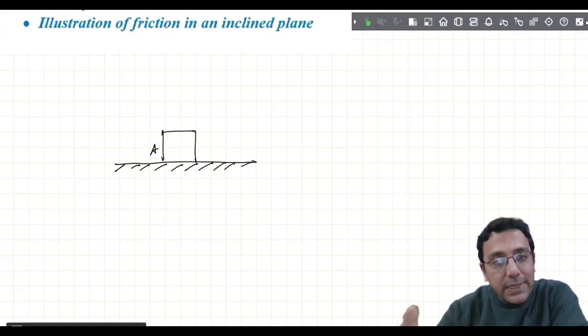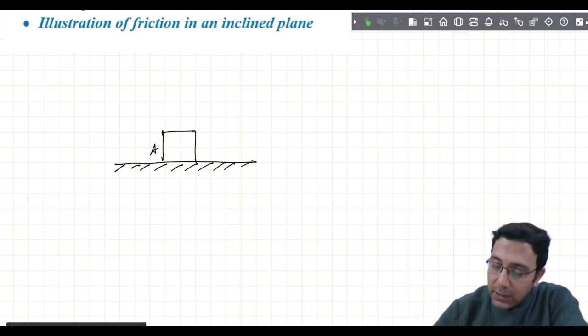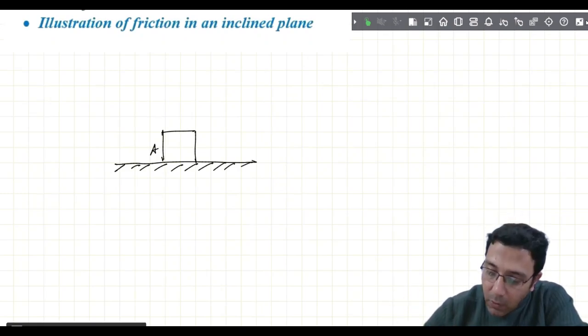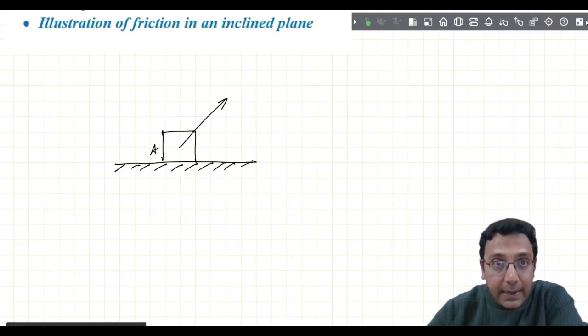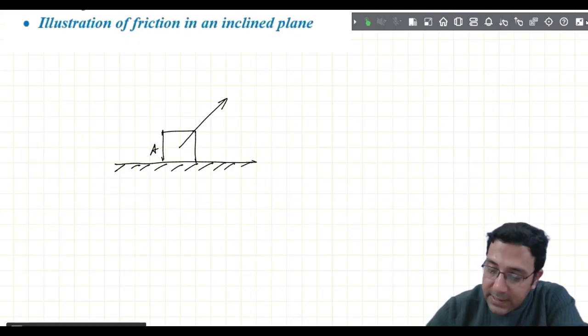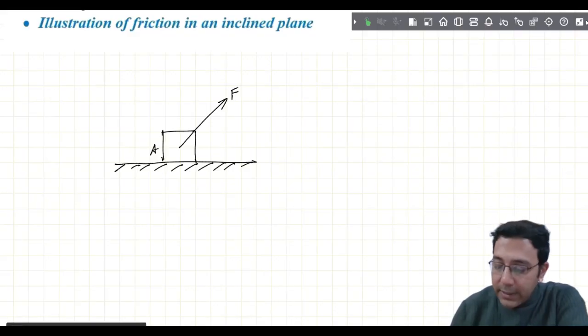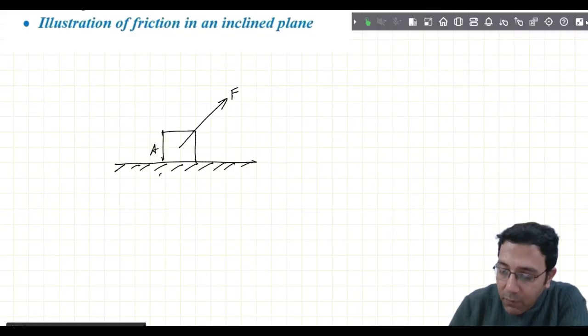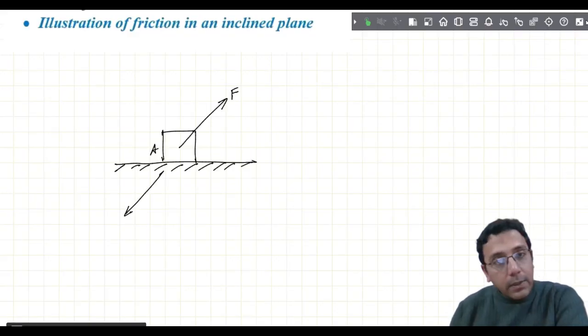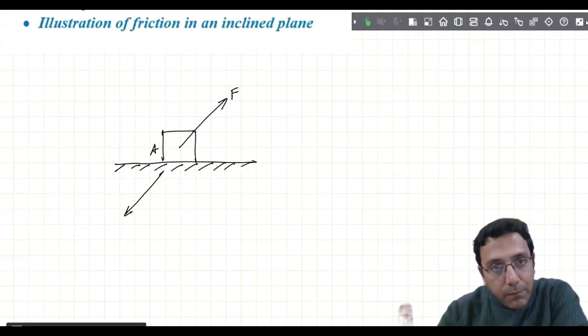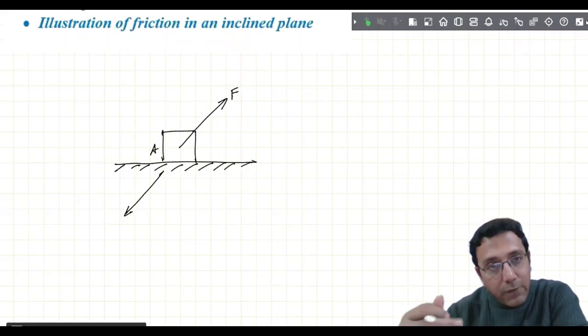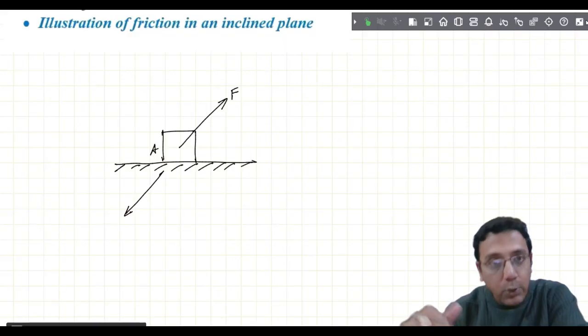The contact force need not always be perpendicular, it can act at an angle. Let's say this is my contact force F. Because of Newton's third law, there will be a contact force down also. The contact force up is from the earth to the body, and the contact force down is from the body to the earth.